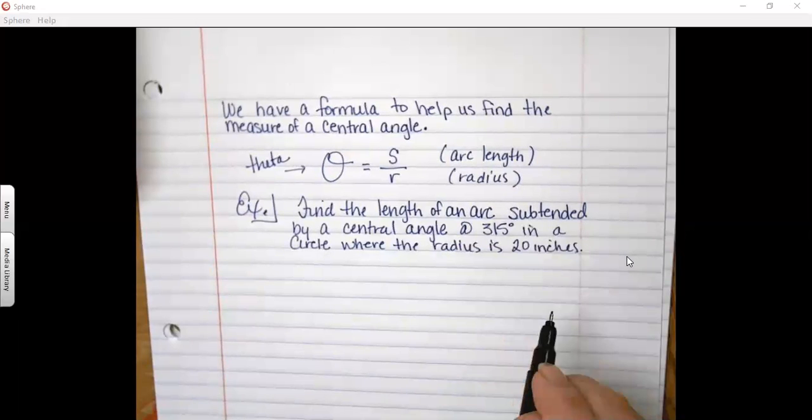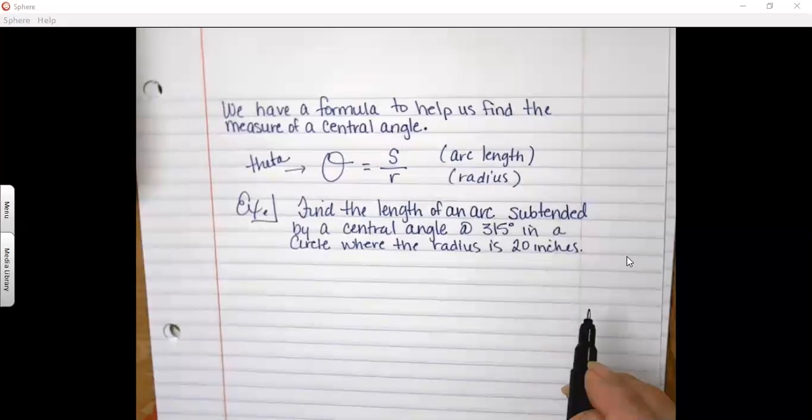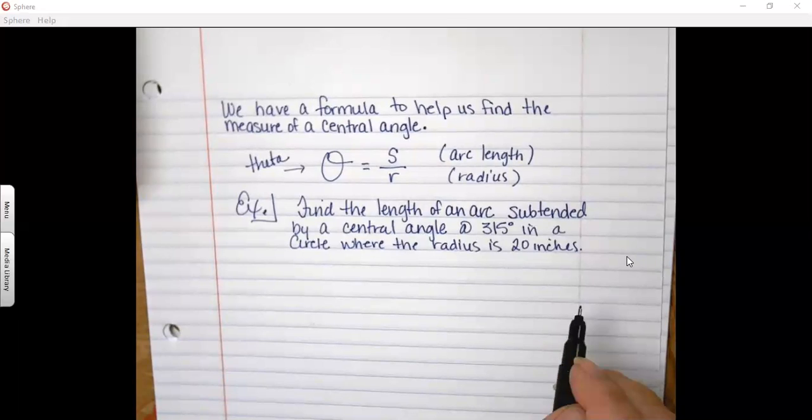So I told y'all that in trig, we usually don't deal so much with the degrees anymore, right? They asked us for the length, and they gave us the angle written in degrees, not radians. But we are going to first convert the degrees to radians, because that's generally what we deal with, okay?